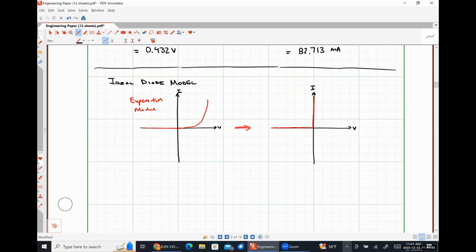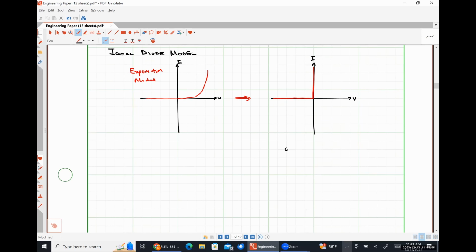So actually, let me move this over to the side. Sorry. Give myself a little bit more room. So when ID is greater than 0 volts, VD is exactly 0 volts.